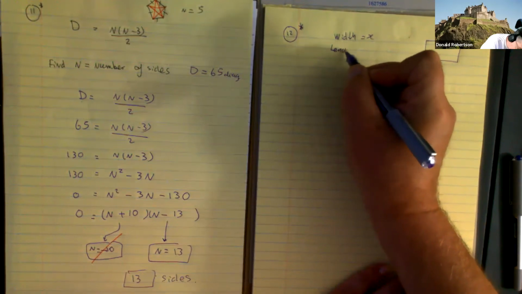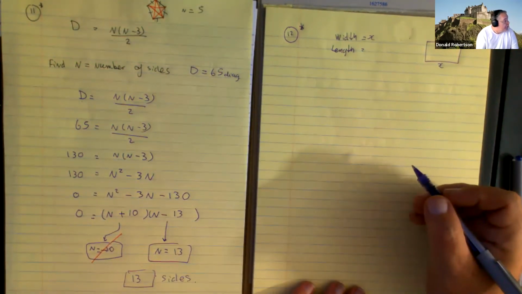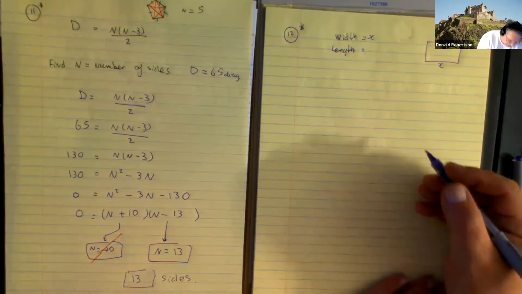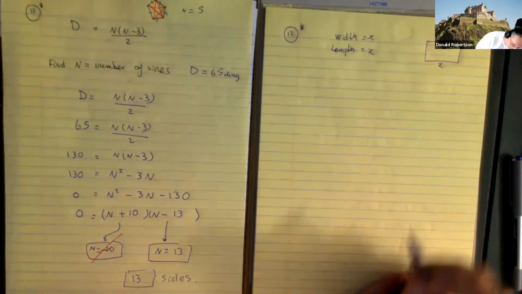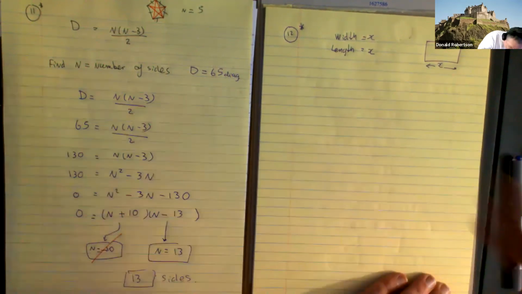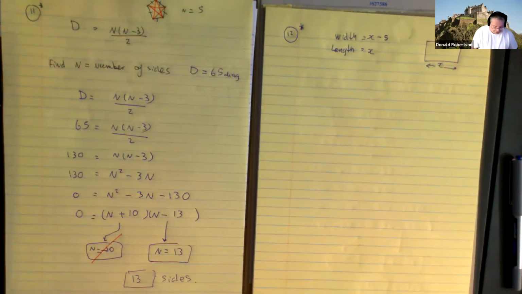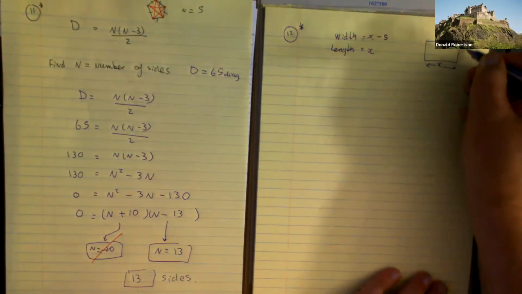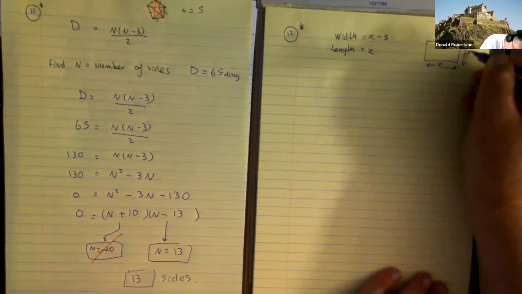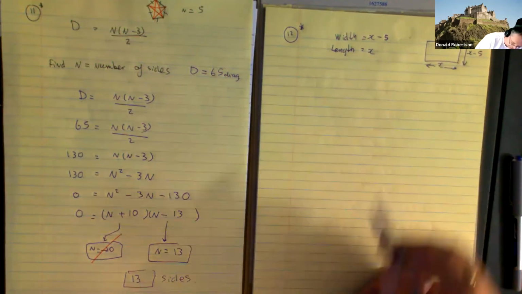I'm going to call the length x. And since the width is 5 less than it, I'm going to call that x minus 5. Have I got that? Yeah, the width is 5 less than the length.